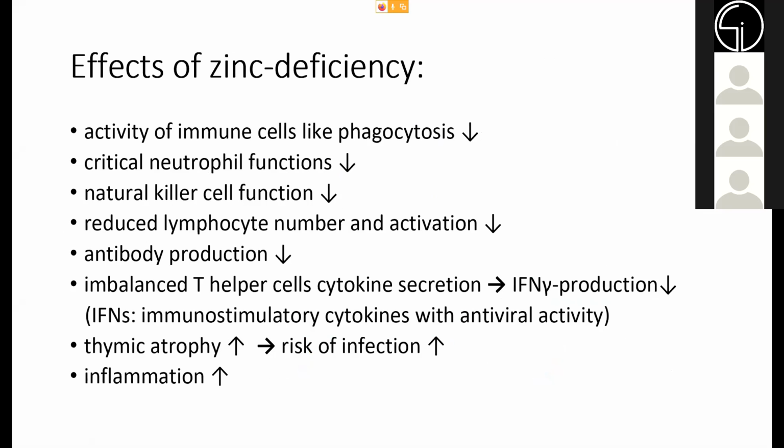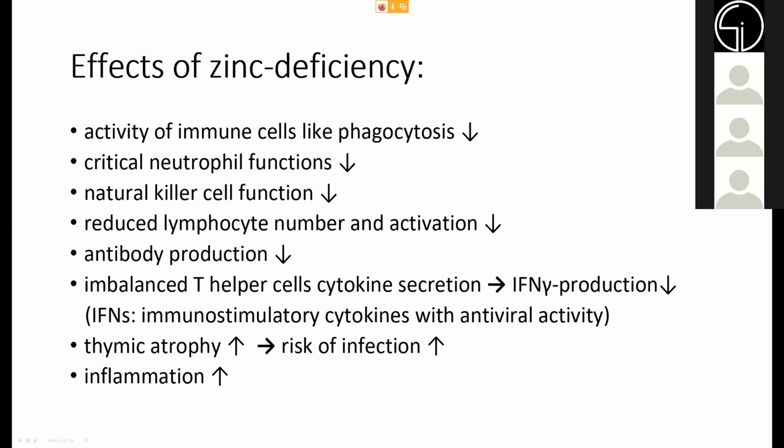There is a reduced lymphocyte number and activation. And also the antibody production is reduced, which has been shown in different studies in which patients were vaccinated, and those with zinc deficiency had a lower antibody immune response.